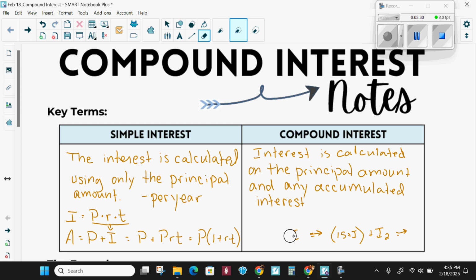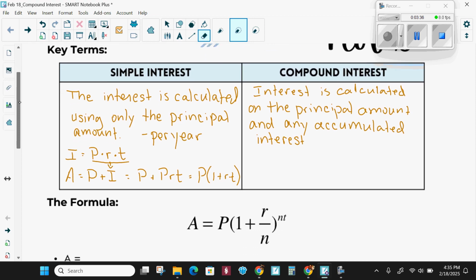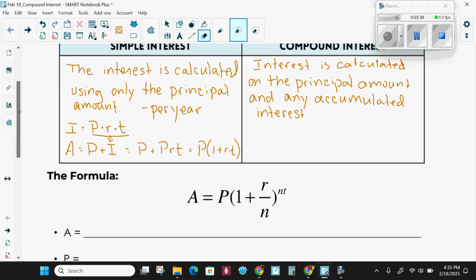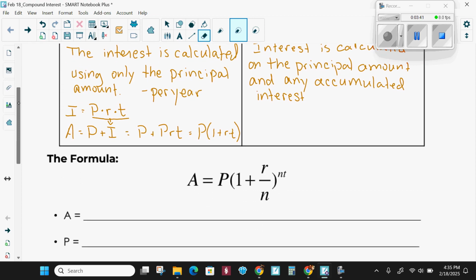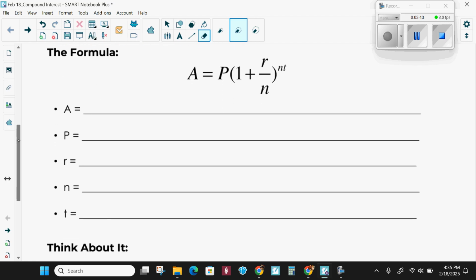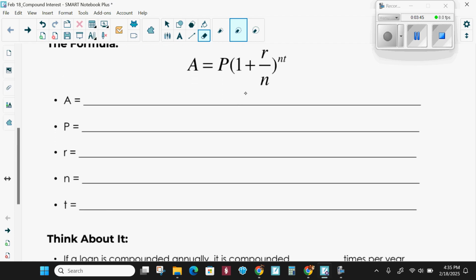Okay, so that's what we're going to be looking at today and working on some more tomorrow. So the first thing you want to look at, though, is the formula for the compound interest. So on our compound interest, it looks very similar to our exponential growth function, but we have this value of n inside there. That's where the compounding comes in.